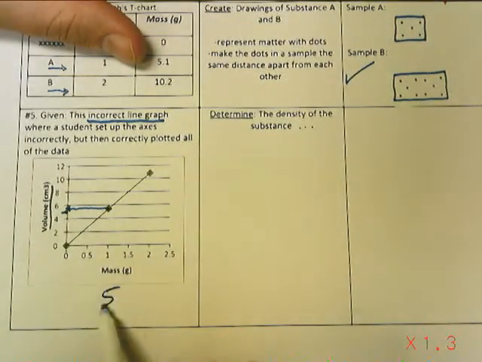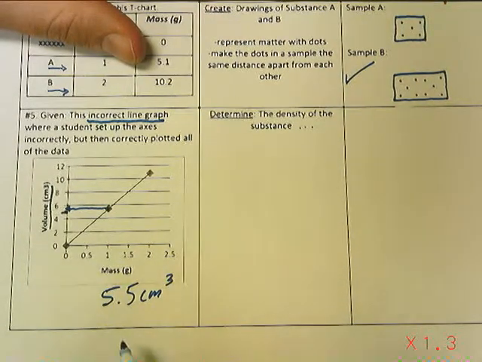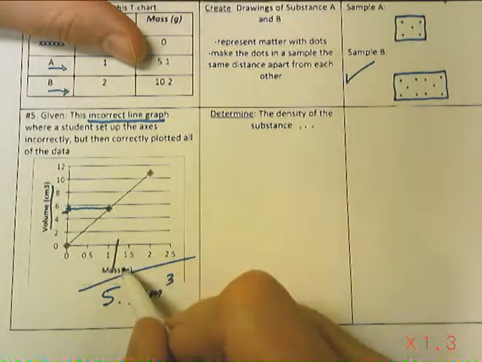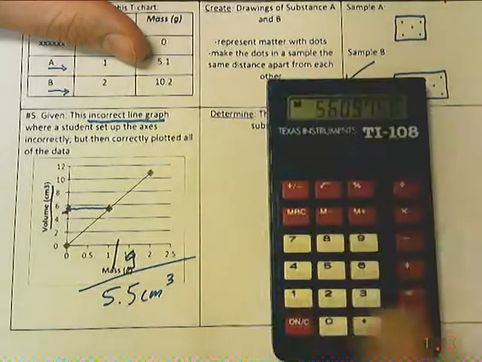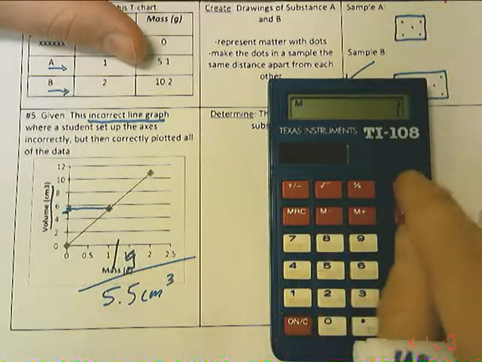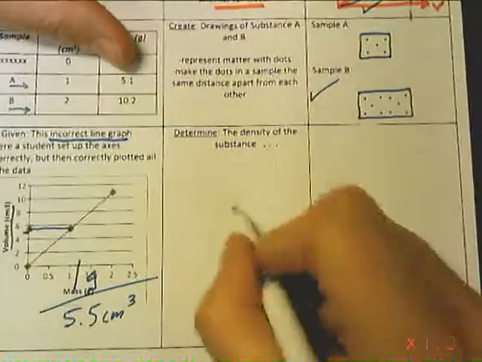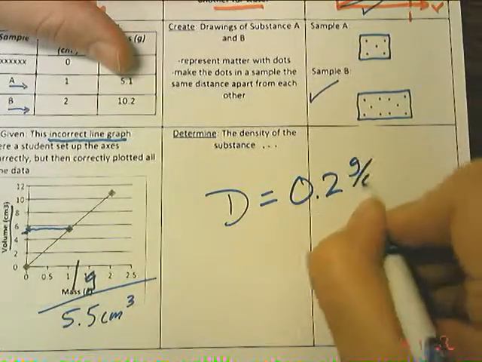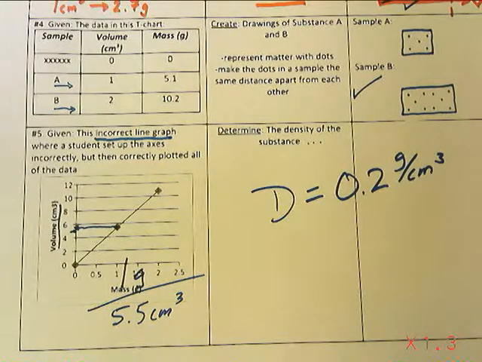So we have a volume of 5.5, which corresponds with a mass of 1 gram. Our density is 0.2.